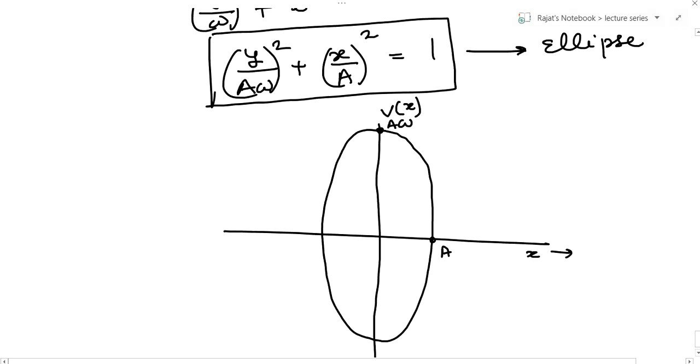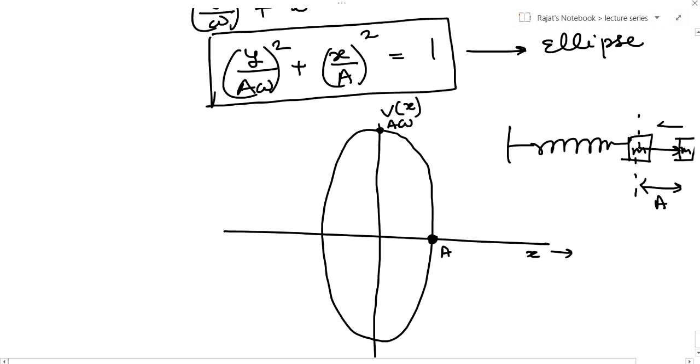Okay, so you can clearly see, suppose this is the spring block system. When the spring block system is at maximum extension, let us say here it is extended by a, at that instant the velocity will be 0, so the particle is here.